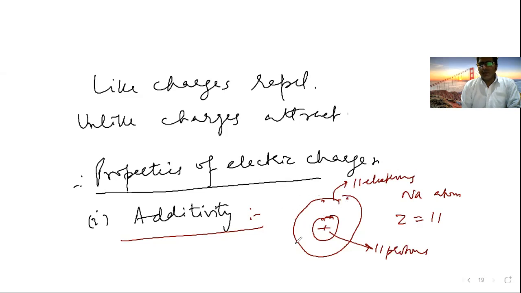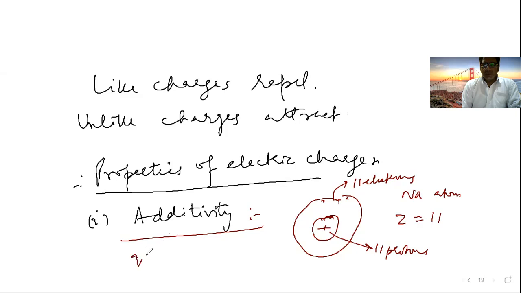For example, if I have to get the charge of this sodium atom, I have to take the charge of 11 protons and add the charge of 11 electrons. Algebraically means when you add, take positive charge as positive in the addition and negative charge as negative. So one proton has plus e charge, one electron has minus e charge.